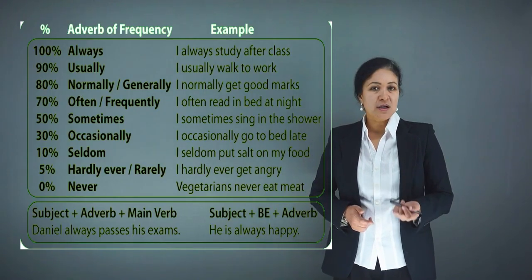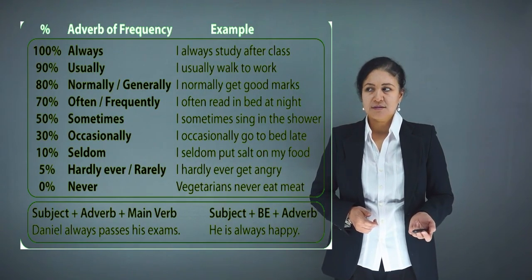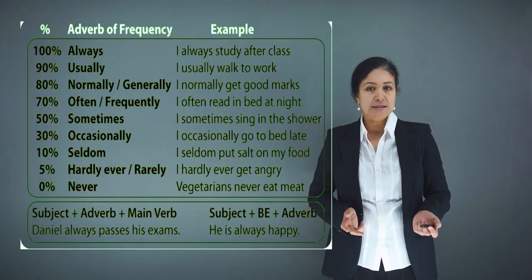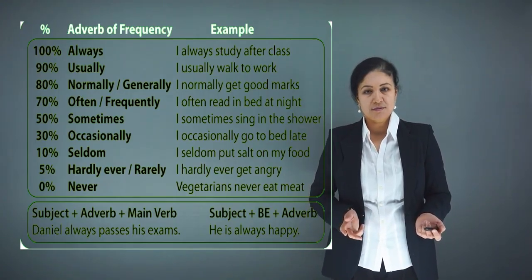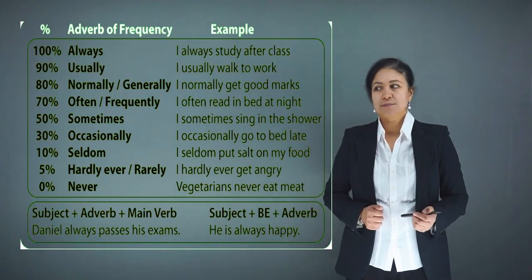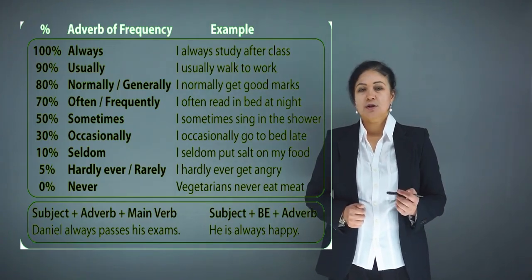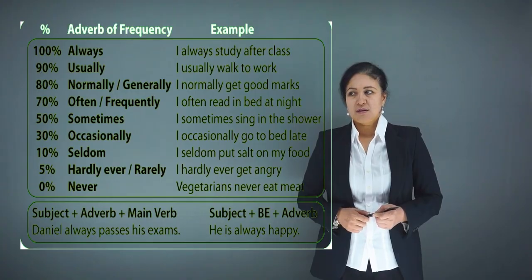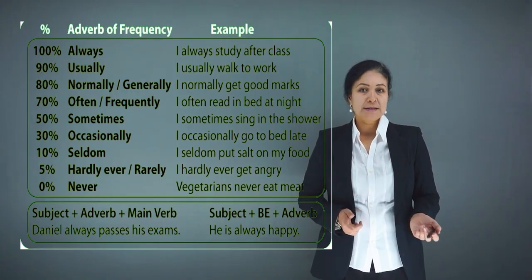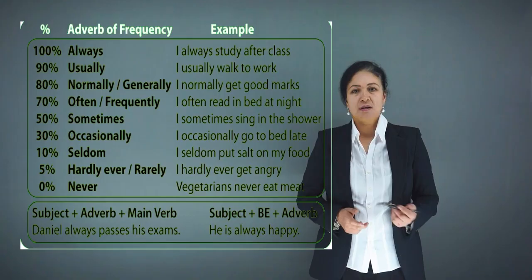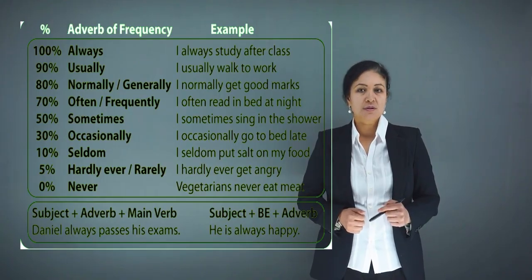Next, sometimes, 50%. I sometimes sing in the shower. Well, next, occasionally, 30%. I occasionally go to bed late. It means once in a week or twice in a week.